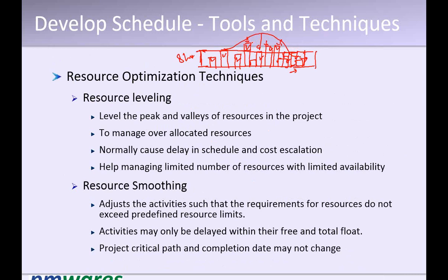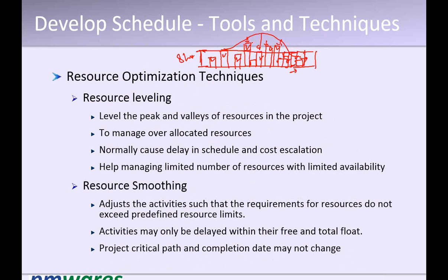I understand resource leveling, but I am not able to understand resource smoothing properly, because I am not able to differentiate how resource smoothing is different from resource leveling. That clarity is not coming to me.